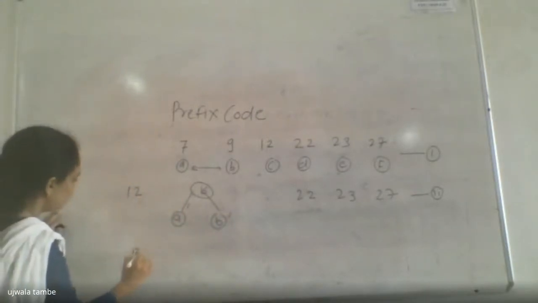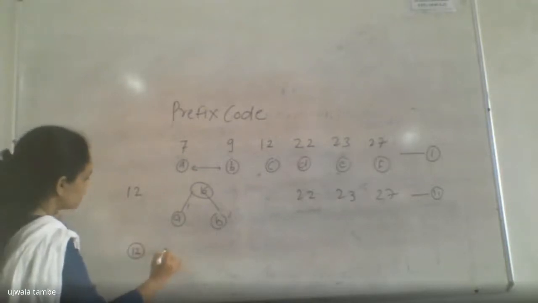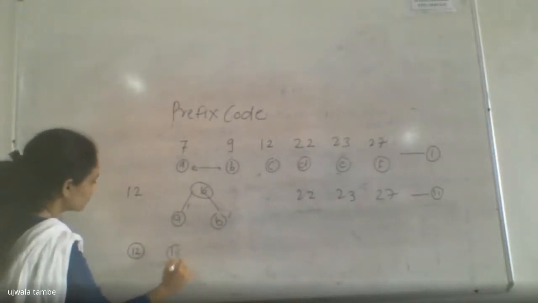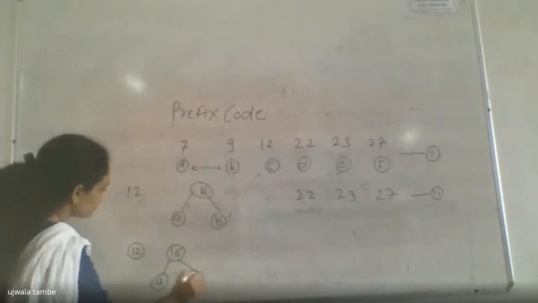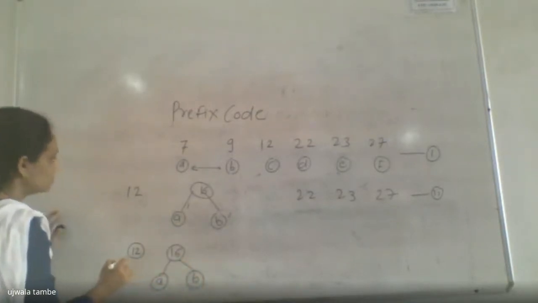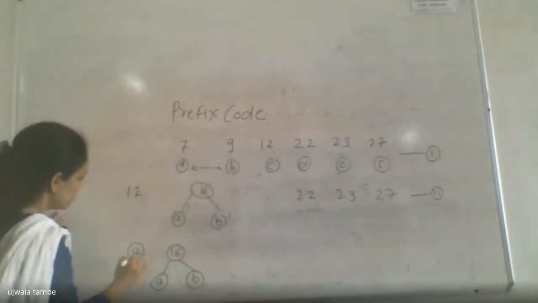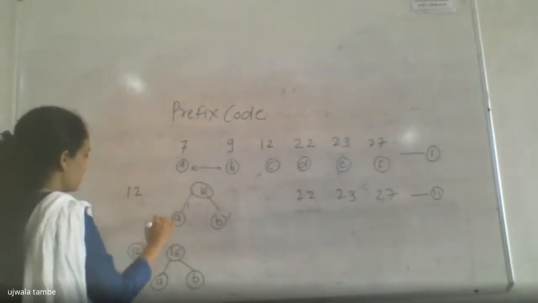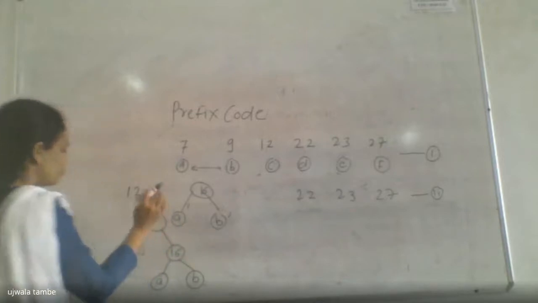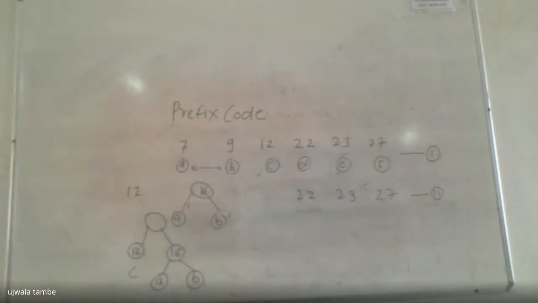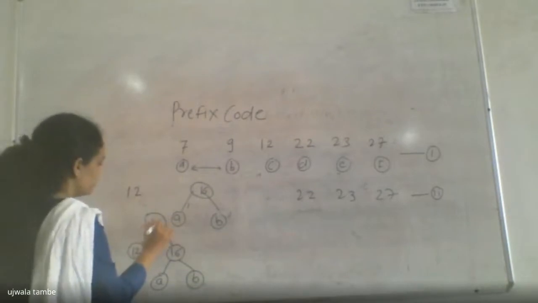We add 12 and 16 together, with A and B, and this is our C. Adding these two, 12 and 16, gives us 28.